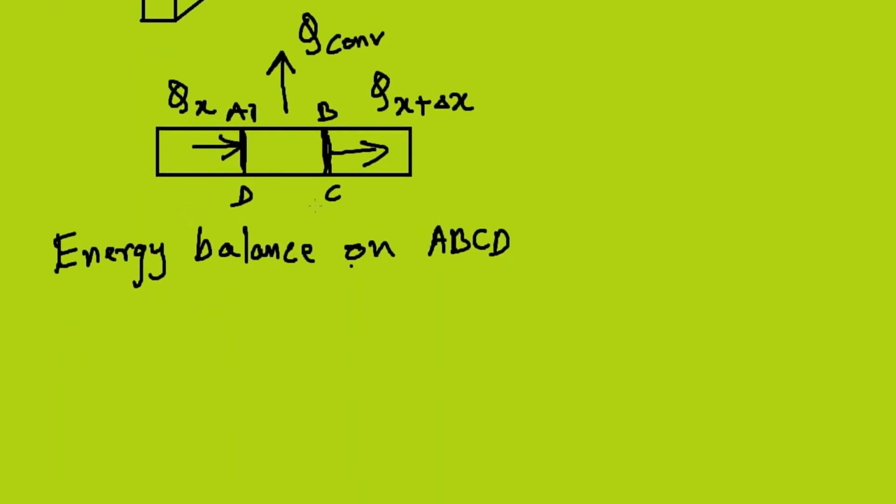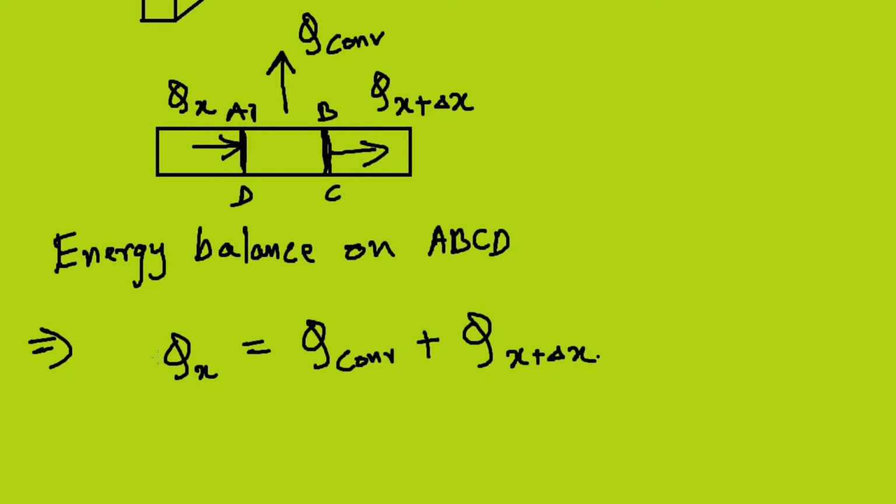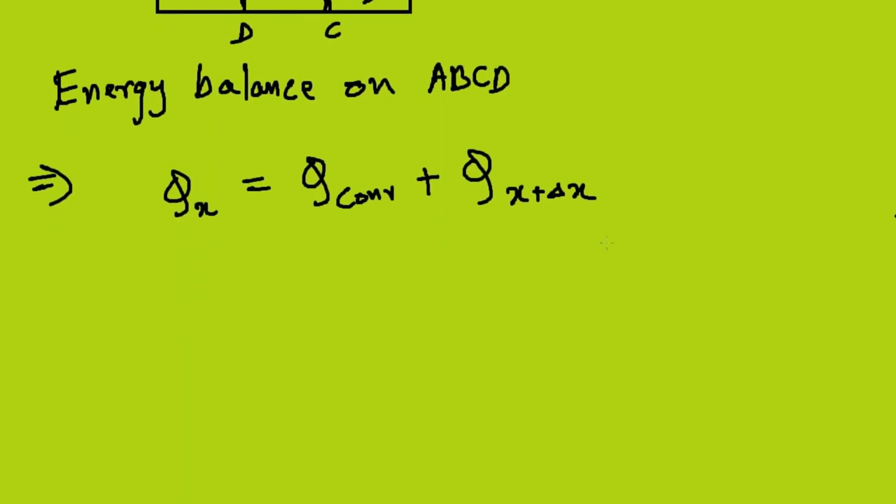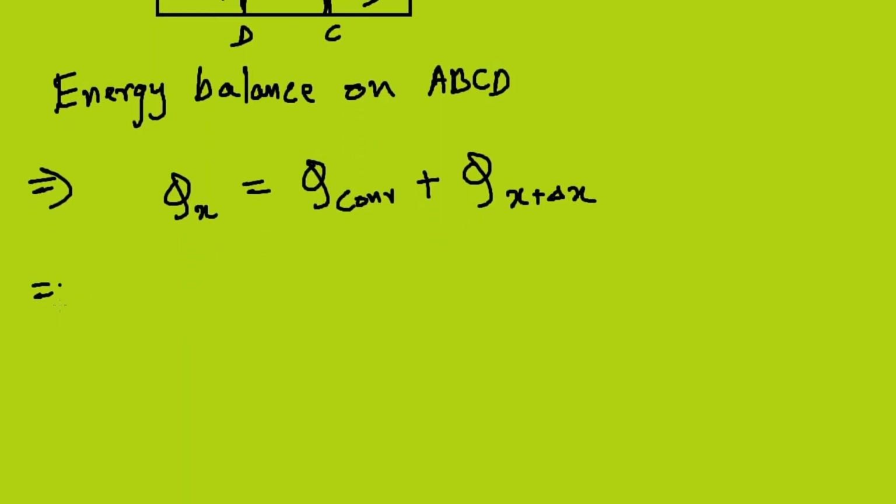So this is the energy balance. What is the heat which is entering? It is Qx. Qx must be equal to the heat which is leaving, so Q convection plus Qx plus del x. This is the equation that I have. Now I can expand this Qx plus del x term by using the Taylor series expansion.